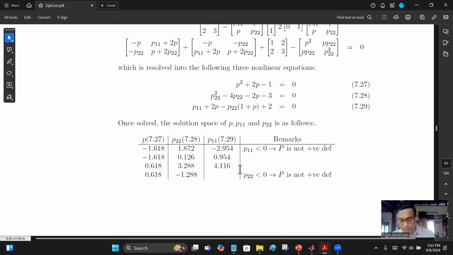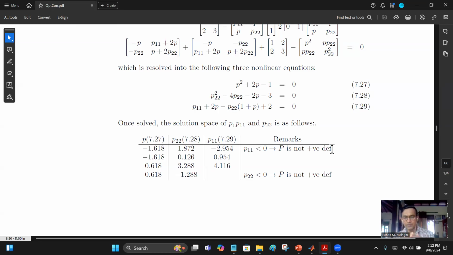Now, how do we select the one solution out of the 4? If you look at the first one, if you make a matrix using these elements, you can see P11 is less than 0. It means P is not positive definite. For a matrix to be positive definite, all principal minors should be positive.